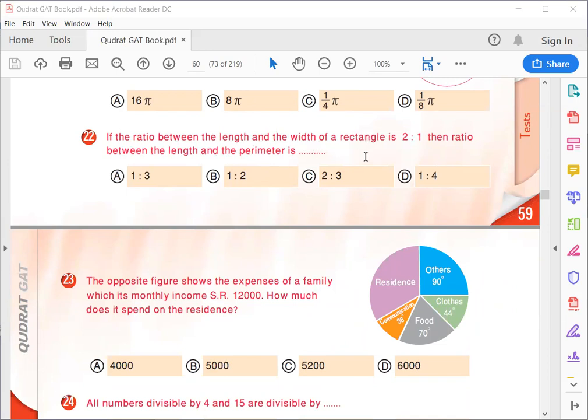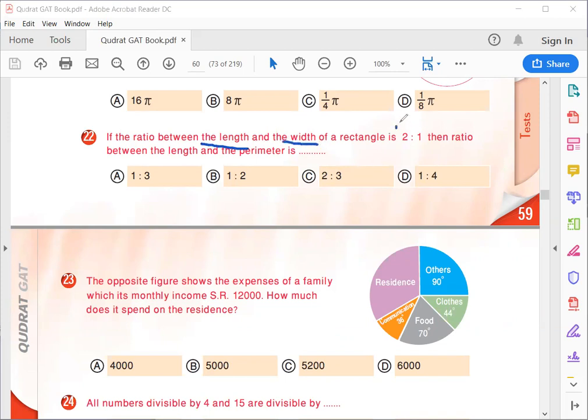What is the perimeter of a rectangle? How do I find the perimeter of a rectangle? You multiply the length by 2 and the width by 2.